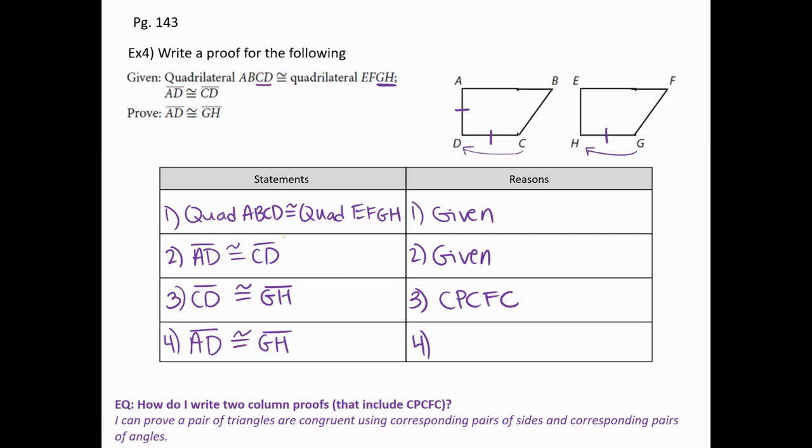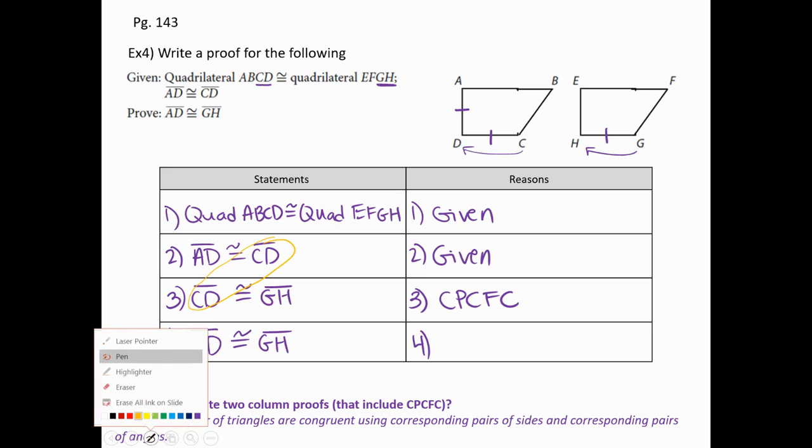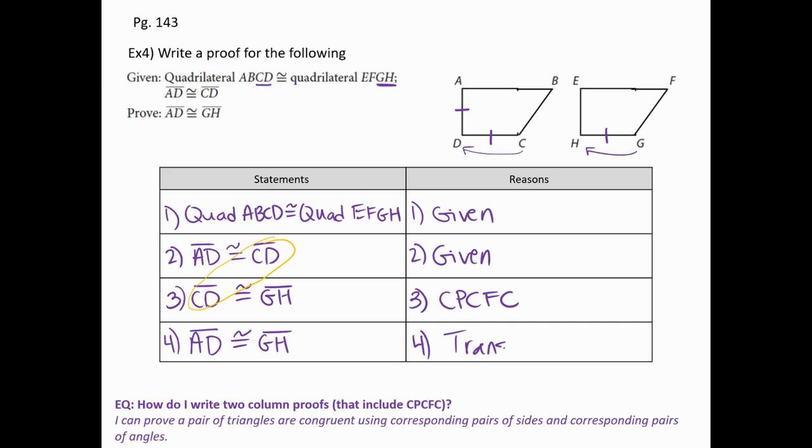I started with AD, I went to CD, then CD matched up with GH, so the ends or the outside of the sandwich is congruent as well. So my last statement here would be because of the transitive property, which I call the sandwich property.